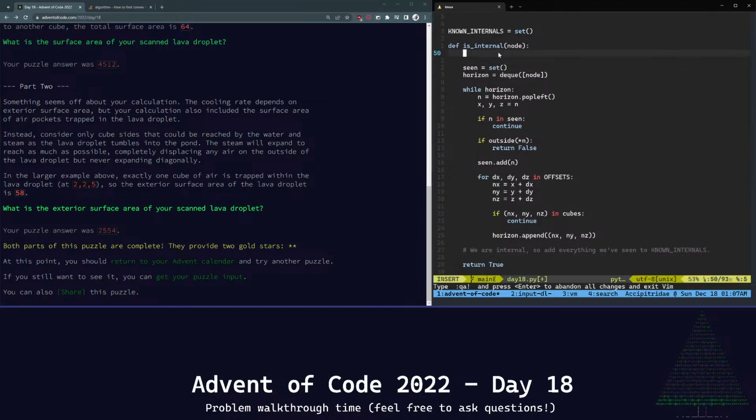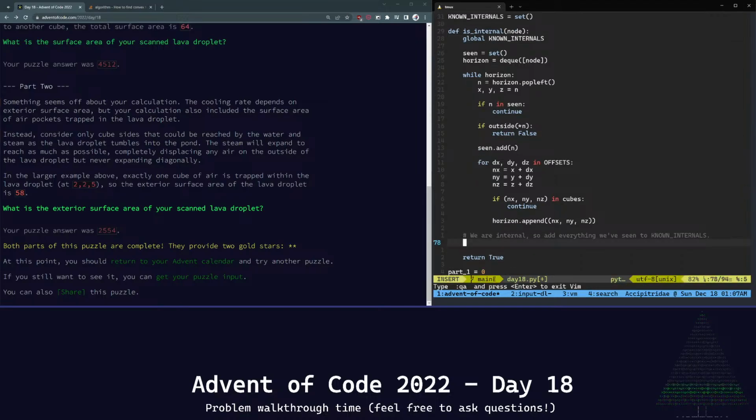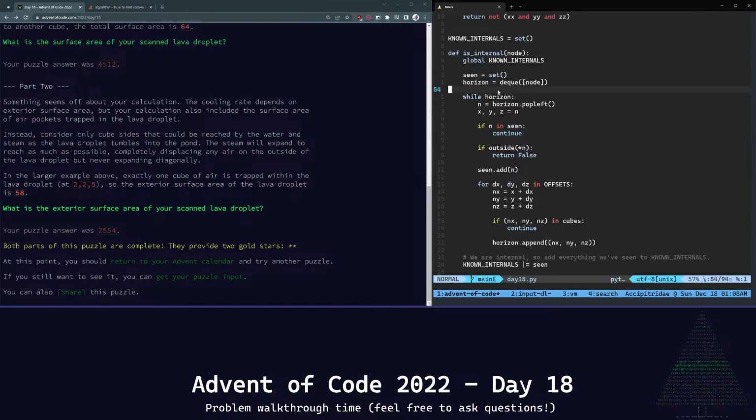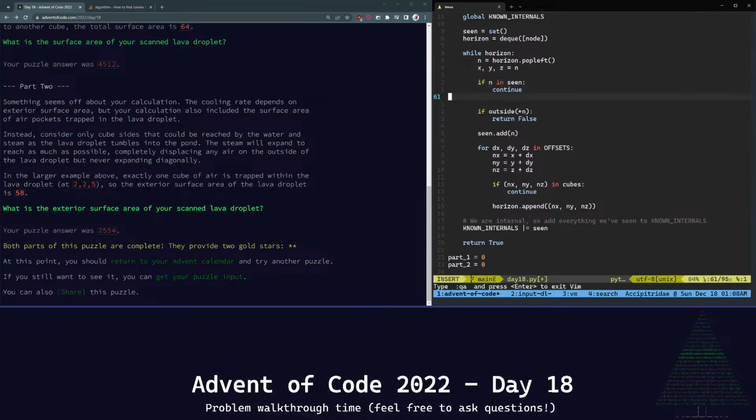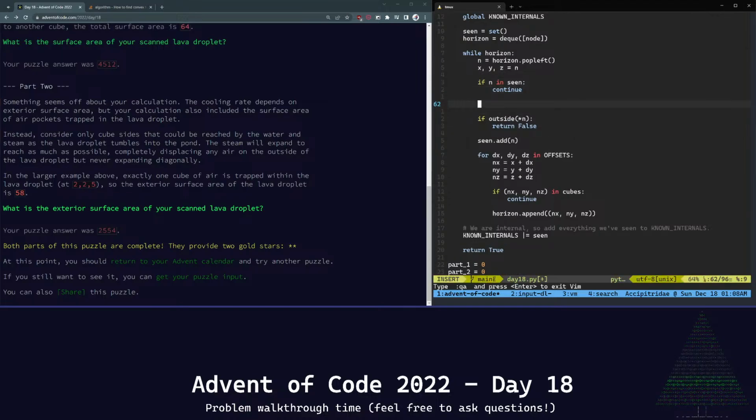I know modifying global objects is bad, but this is Advent of Code. It's okay, don't do this normally. Mutating global state is confusing and hard to keep track of. So we want to add in everything that we've seen. And then here, if we're a known internal, we can just terminate early.